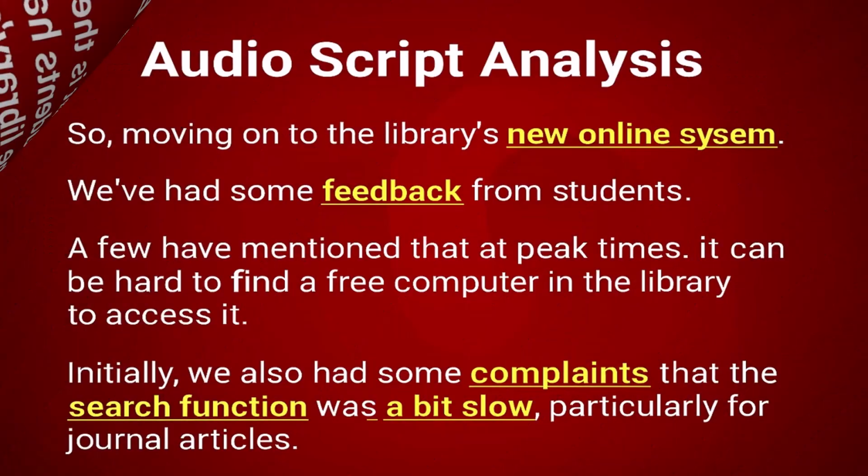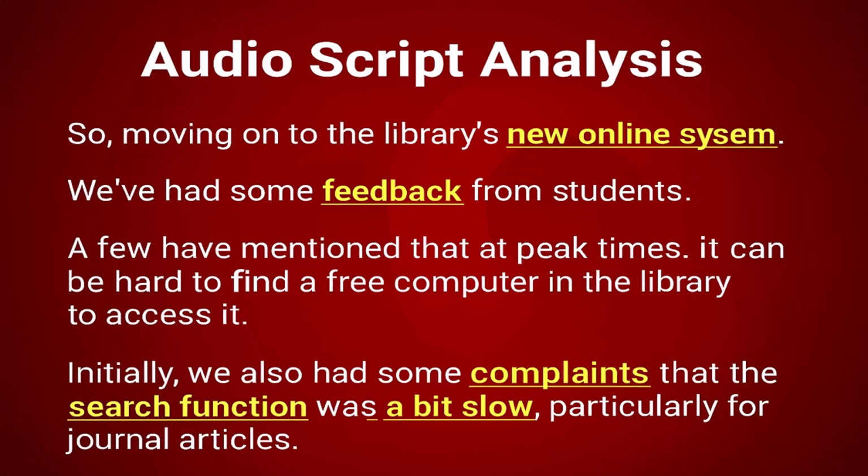First, the speaker mentions it can be hard to find a free computer. This matches option C. But then they say that's more of an equipment issue. They are dismissing this as not being a problem with the system itself. So C is a distractor.